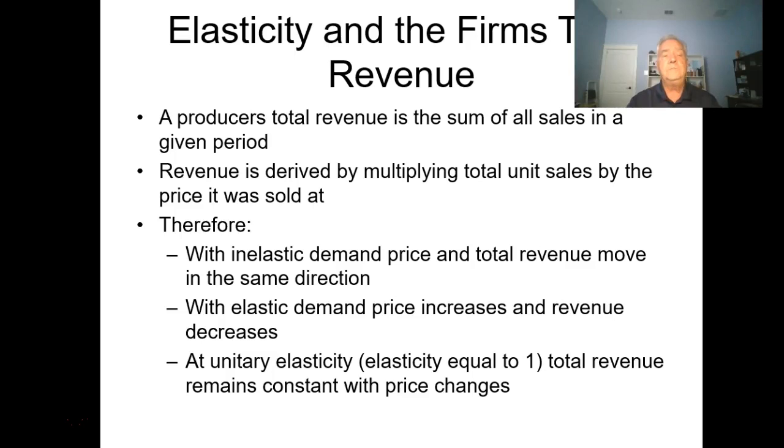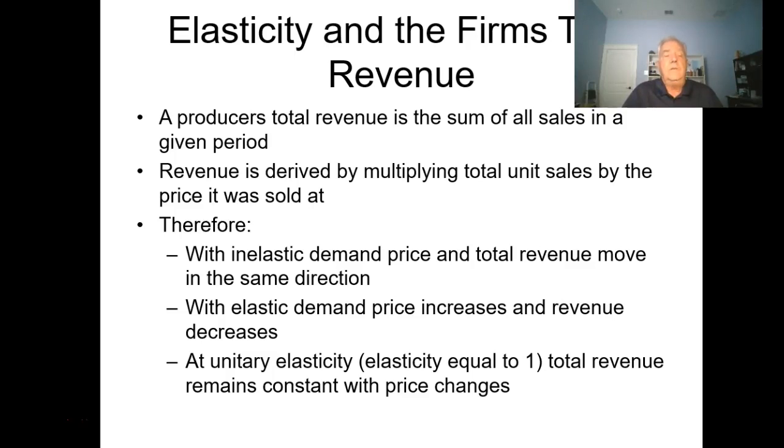Therefore, with an inelastic demand, price and total revenue will move in the same direction. With elastic demand, price increases and revenue decreases. With unitary elasticity equal to 1, total revenue remains constant with price changes. So that's where we want to be if we're a corporation, okay?